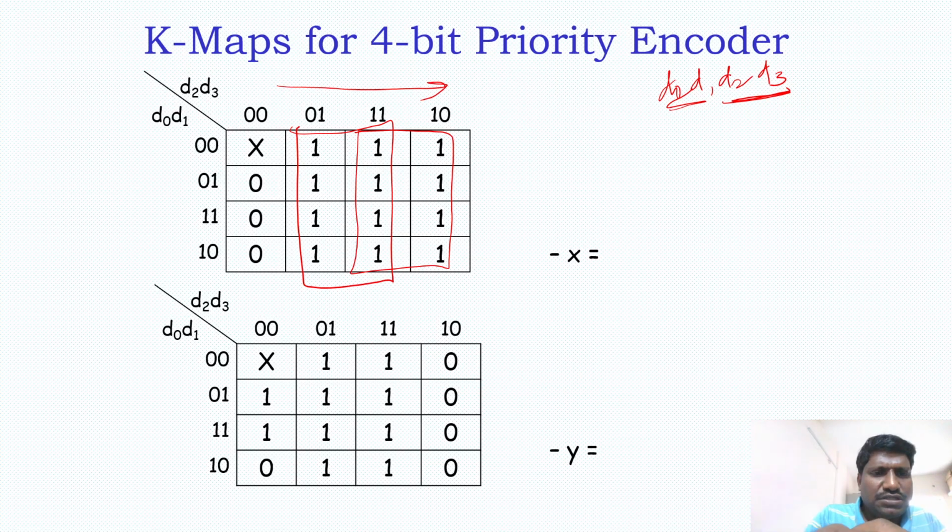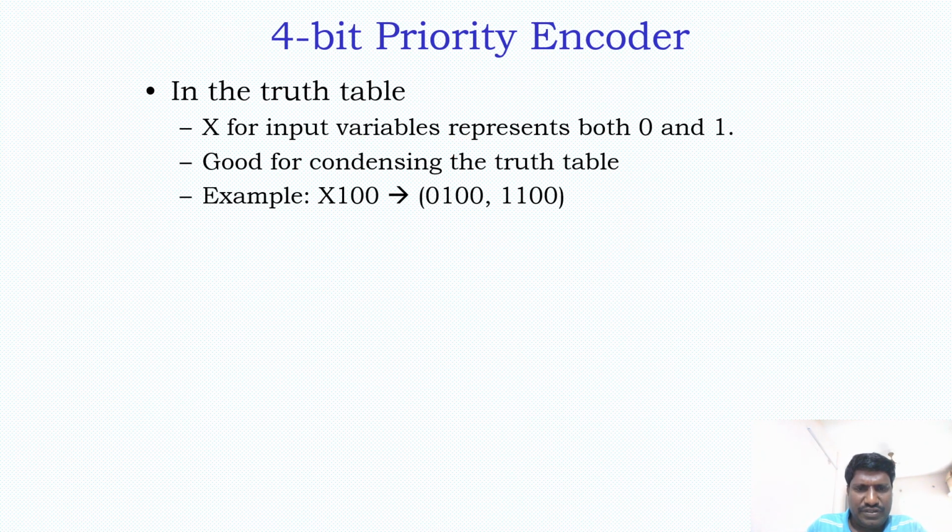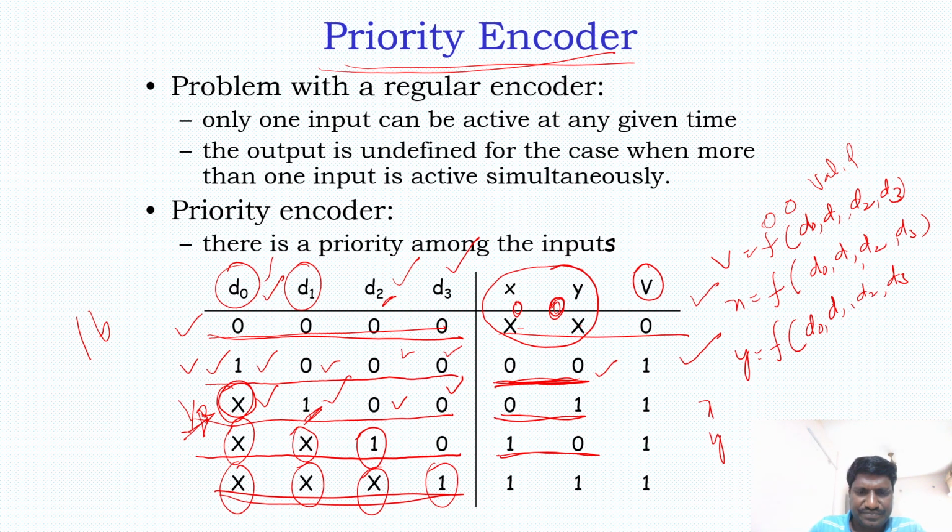So this will be 0, 1, 3, 2, then 4, 5, 7, 6, 8, 9, 11, 10, 12, 13, 15, 14. Likewise the next. Okay. So now if you refer back to the table here.